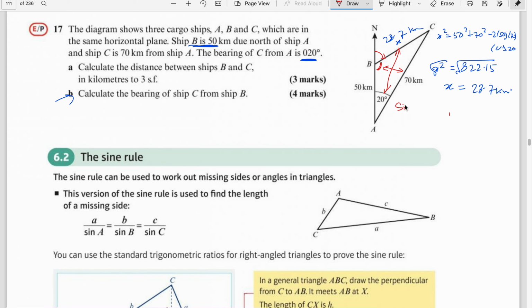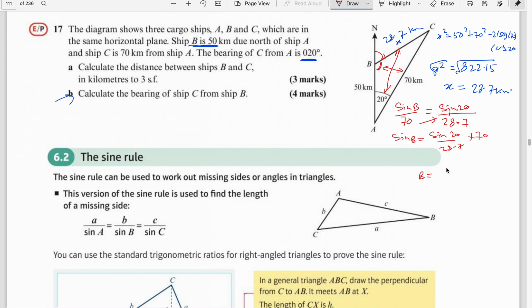So sine of B divided by 70 is equal to sine of 20 divided by 28.7. Cross multiply, sine B is equal to sine 20 by 28.7 into 70.